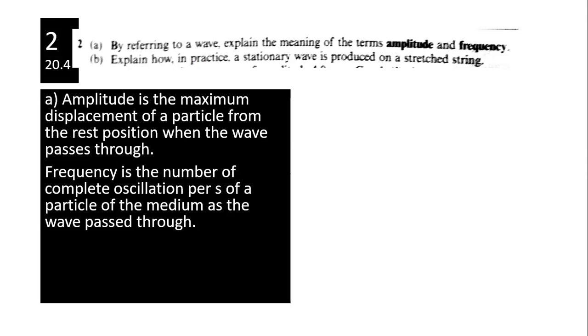Explain how in practice a stationary wave is produced in a stretched string. This is the condition. When you're asked to explain, you are just stating the condition, that's all. Memory work.